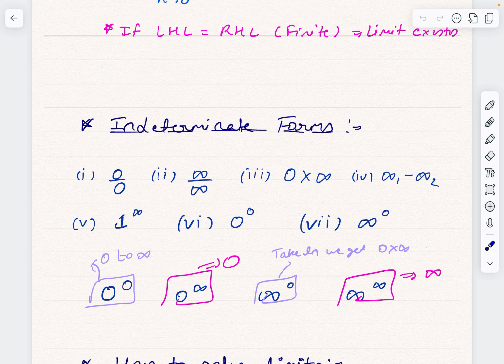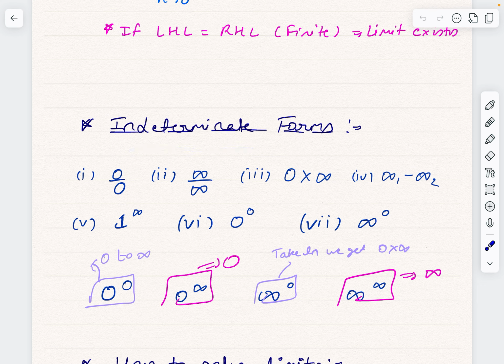Indeterminate will be that we don't know the value, like 0 by 0. We don't know what it is. But if you get something as infinity, we just say it is infinity. The limit may not exist because the value has to be finite. But we say infinity or we say undefined. Okay, undefined we use for infinity, and here we use indeterminate.